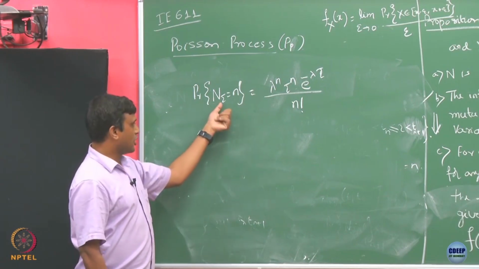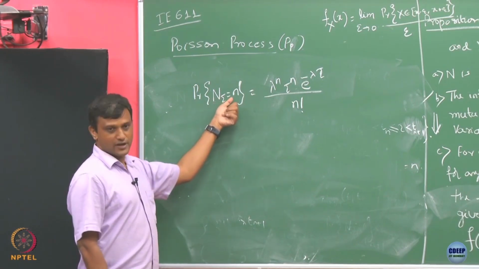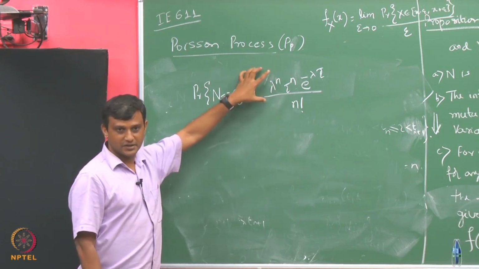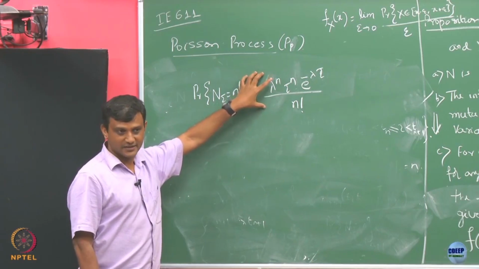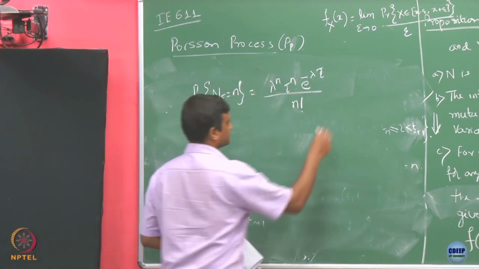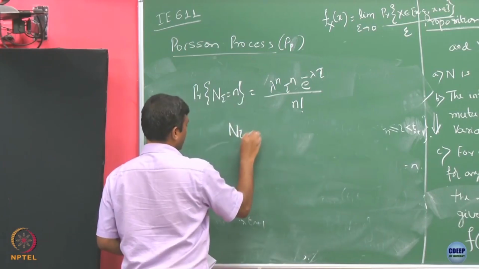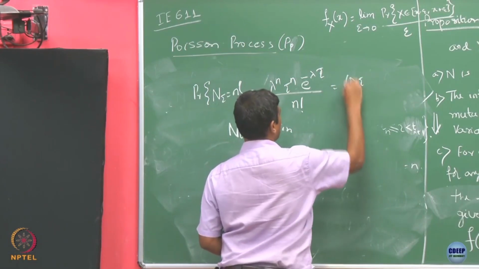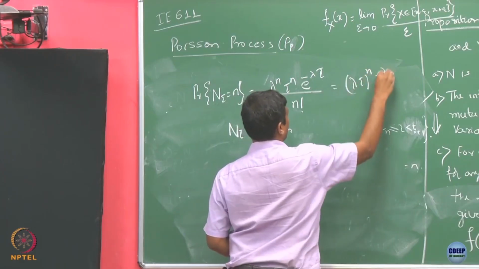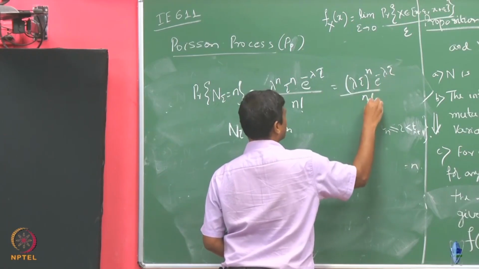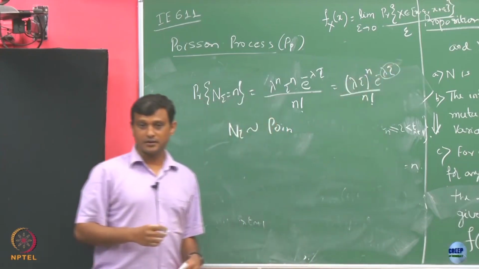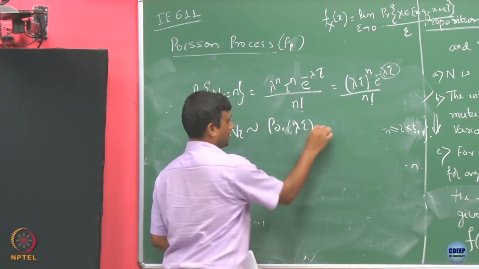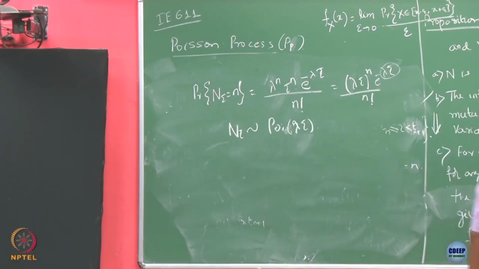I am saying that the probability that N(tau) takes value n is expressed in terms of this, but what does this look like? It is Poisson. So I could write this as lambda tau to the power n and e to the power minus lambda tau divided by n factorial, right. This is Poisson with rate lambda tau, and that is exactly our claim here.